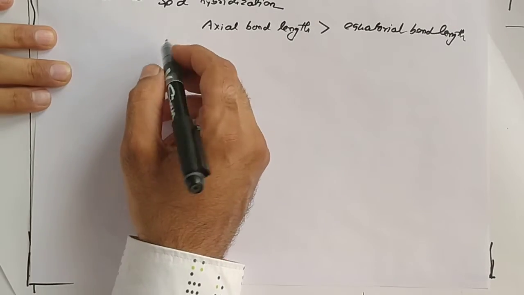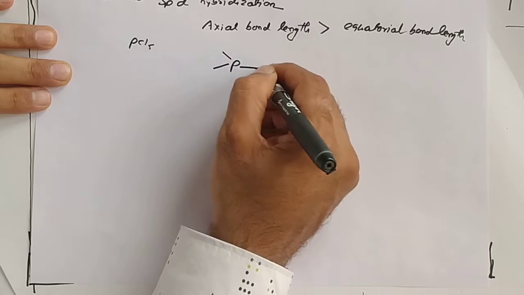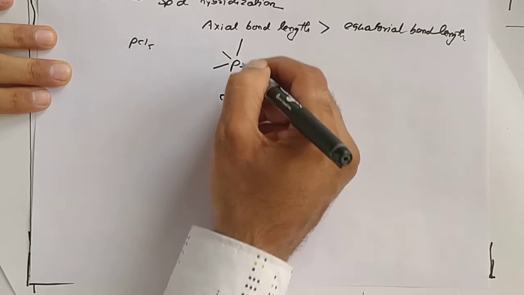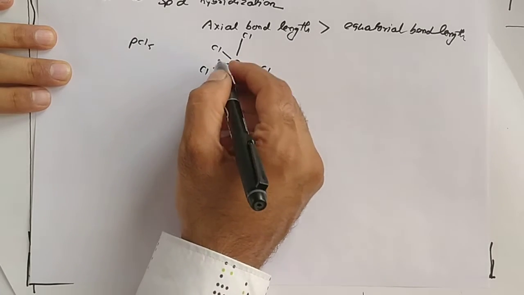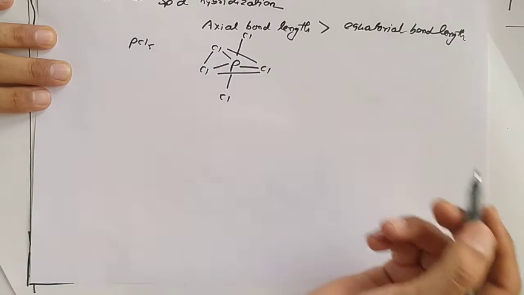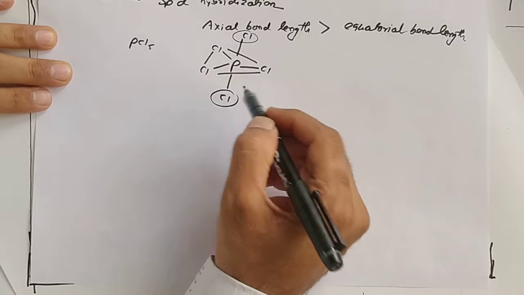We discussed this, and this question was asked in NEET in PCl5. Total number of bonds is 5. So 3 bonds are equatorial. These 3. These 2 are axial.